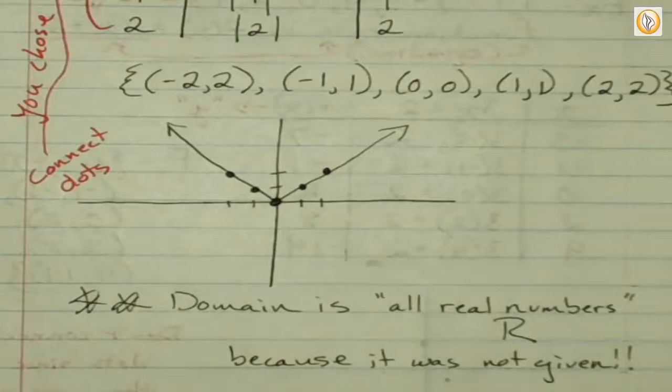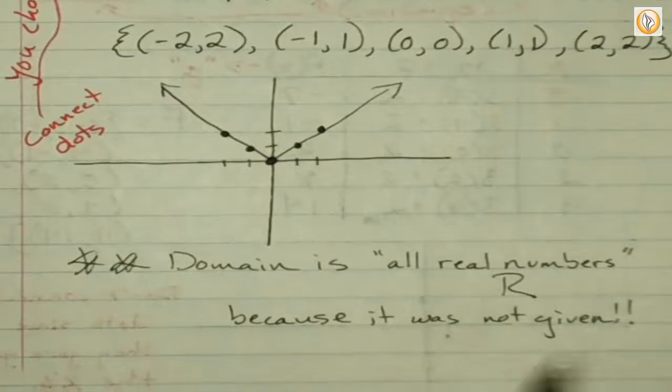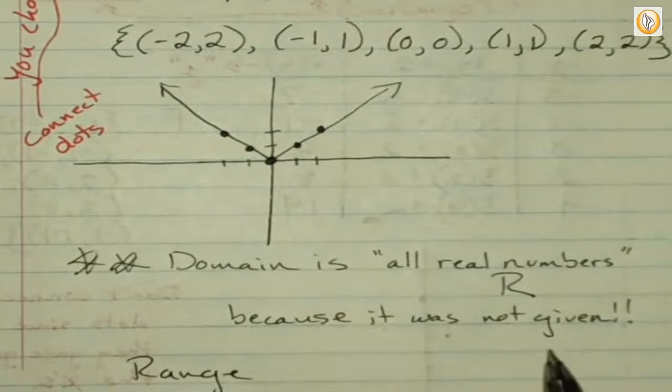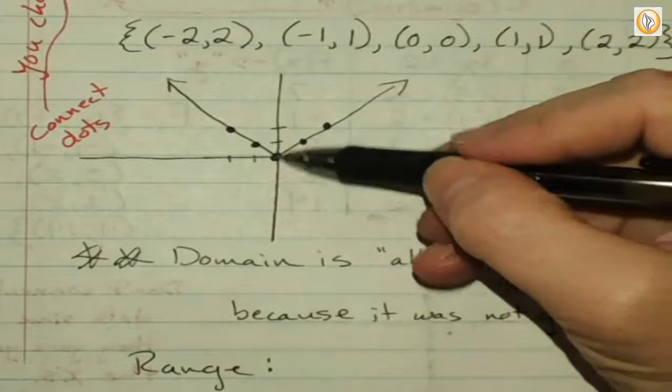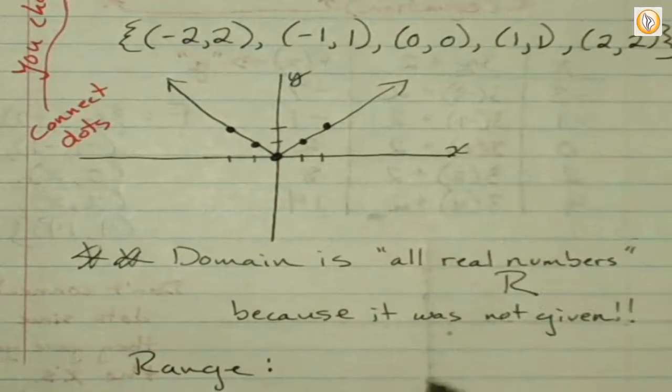What would the range be? Raise your hand. Gabby? Oh wait, no. It would be -2. Range would be, remember it's the y-axis. It'd be 0.